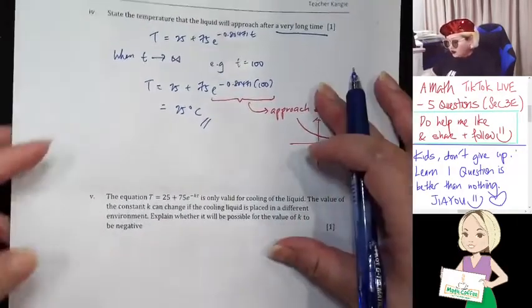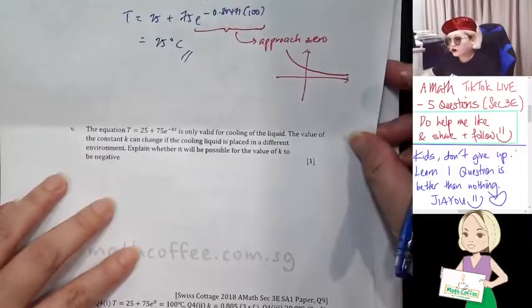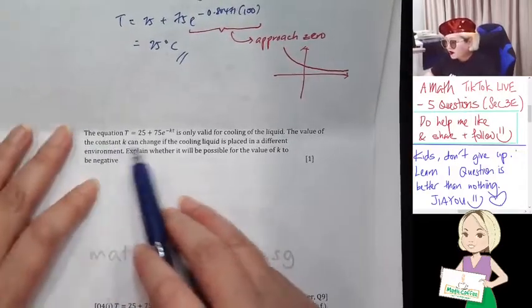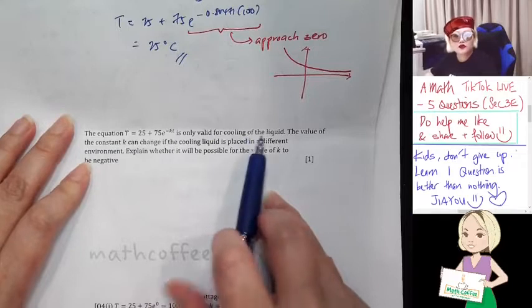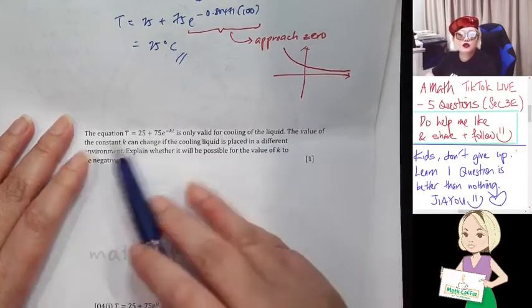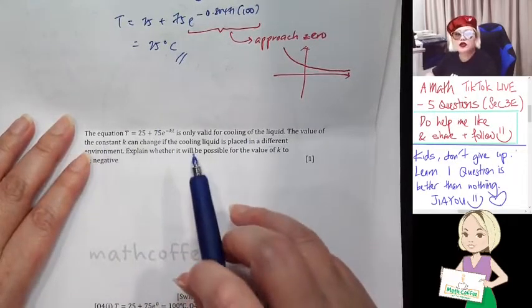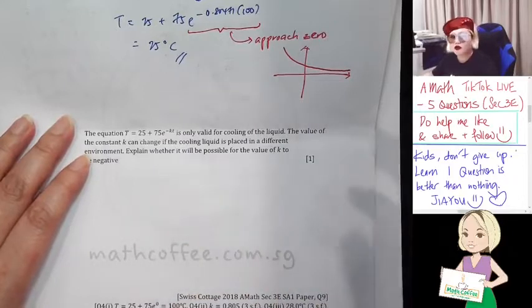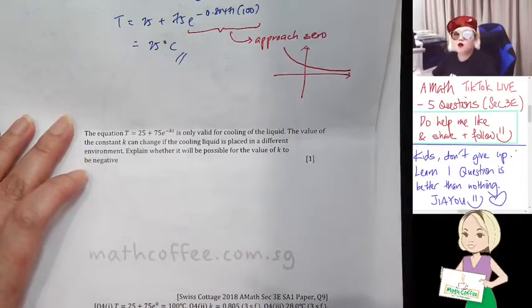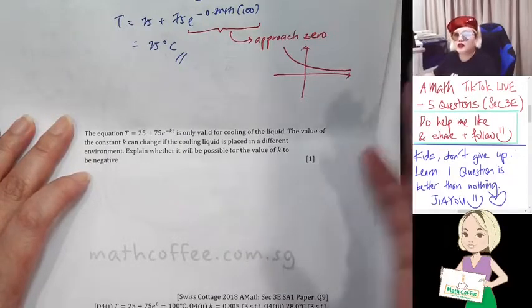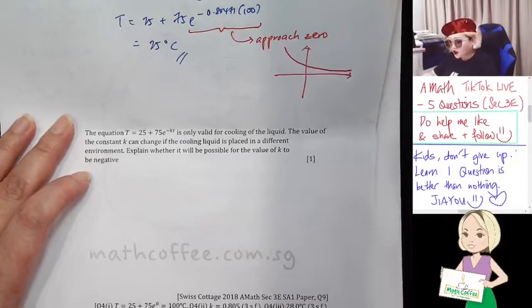Okay, next. They say that the equation is only valid for cooling of the liquid, and the value of the constant K can change if the cooling liquid is placed in a different environment. They ask you to explain whether it is possible for the value of K to be negative. This is a theory question.